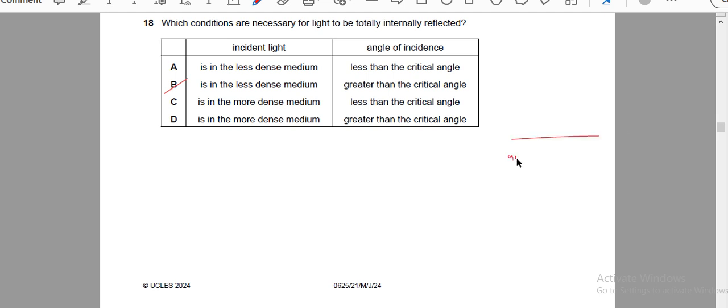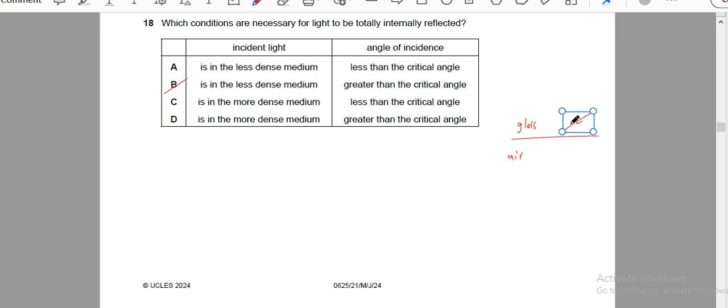Remember, here is air, here is glass, so the incident angle should be greater than critical to have, sorry, reverse the situation here.